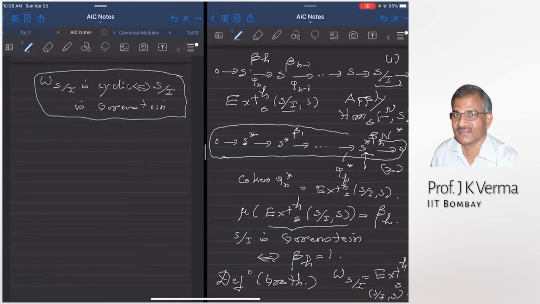So this cohomology module seems to provide an obstruction to a ring being Gorenstein or not. So this is what we will study.